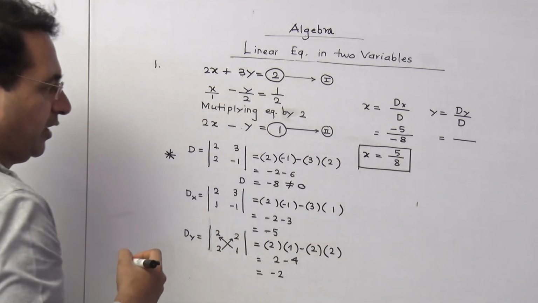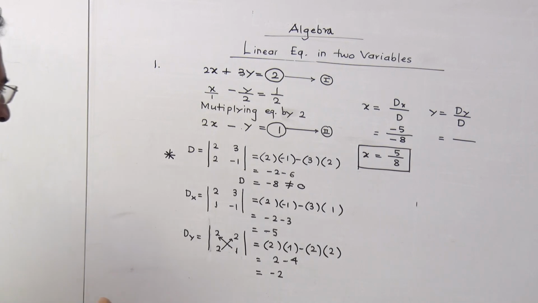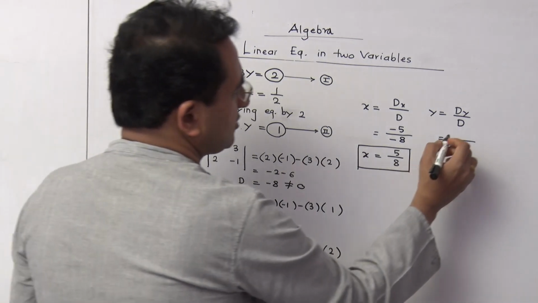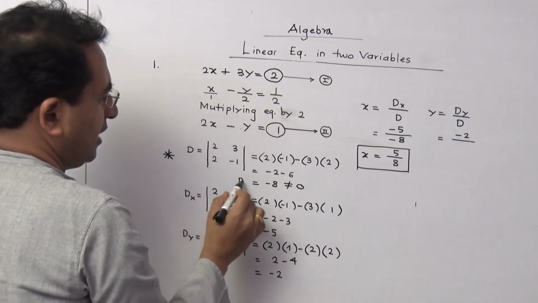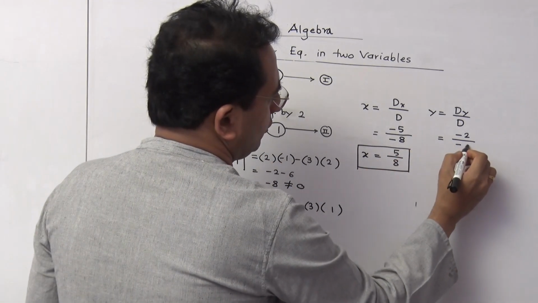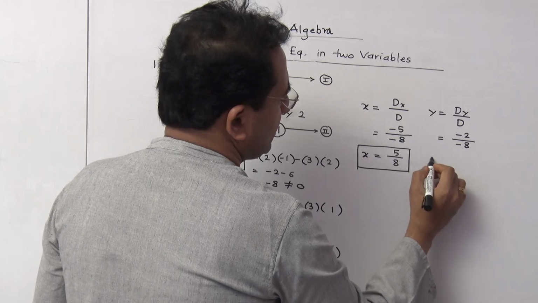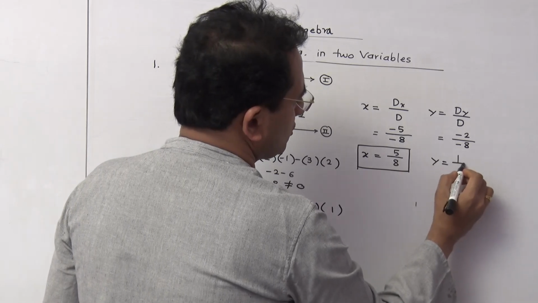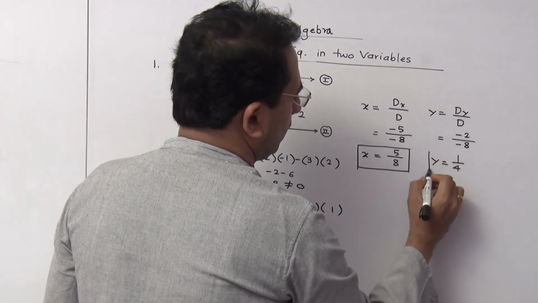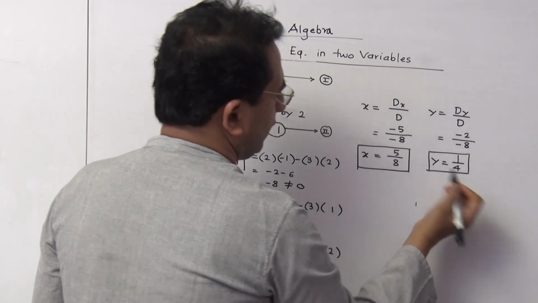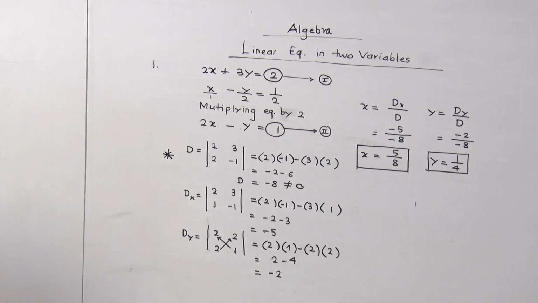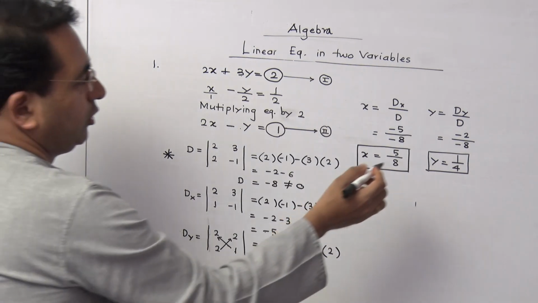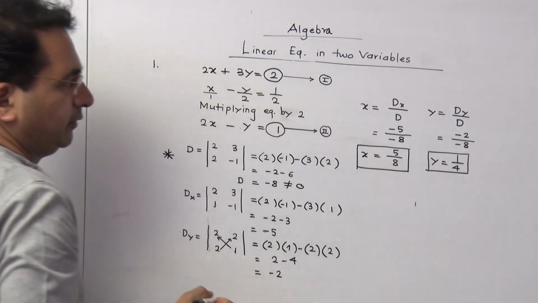And dy, that means -2, and the answer for d is -8. So here we are getting a proper cancellation to get the value of y as 1/4. Are you getting it? x is equal to 5/8 and y is equal to 1/4, the answers we are getting.